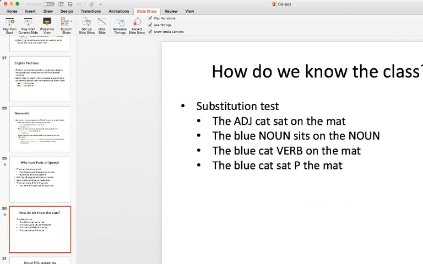So how do we know the class of a word? Going back to what we said at the beginning about what made a part of speech, and what we've learned about individual parts of speech, how do we know the class of a particular word?